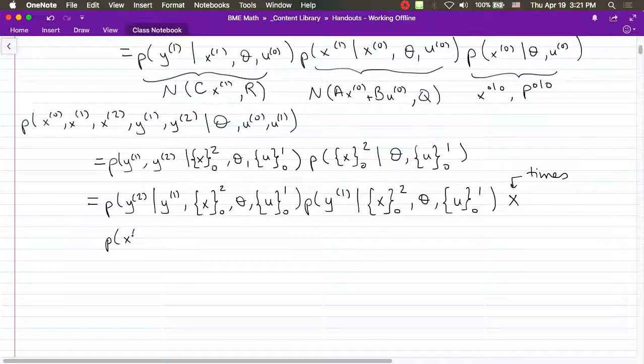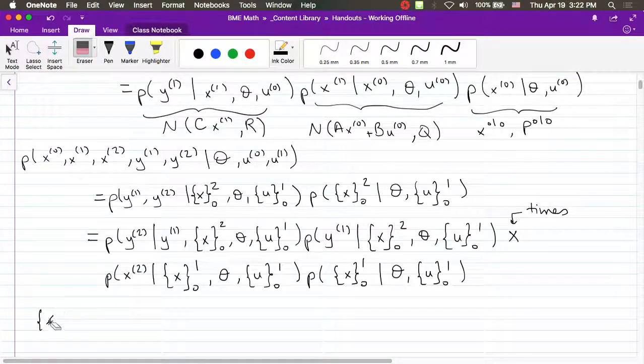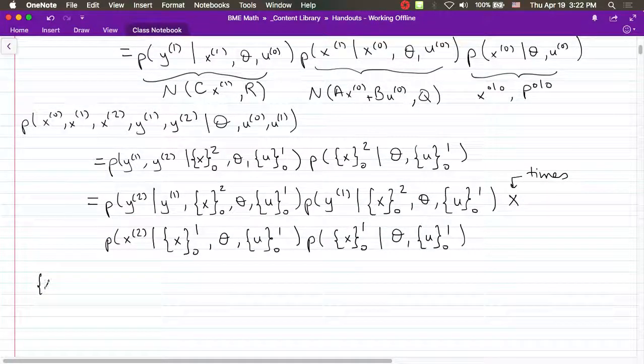So let's start with x2, given x going from 0 to 1, theta, u 0 to 1, times p of x 0 to 1, theta, u 0 to 1. That's what I mean when I write in brackets.